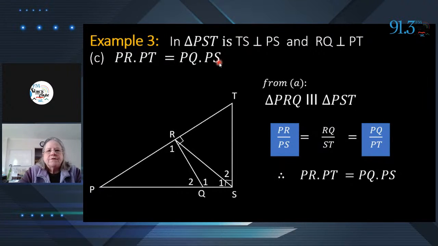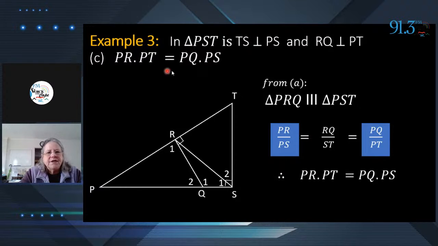Now, in the C part of this question, can you see now we don't have colons anymore? Now it's a multiply. Now they want us to prove that the side PR times PT is equal to PQ times PS. So please familiarize yourself with whether there's a colon or whether there's a dot, which is a multiply.